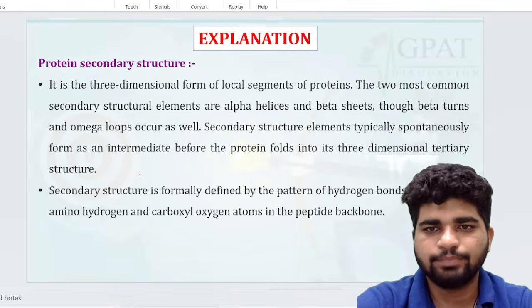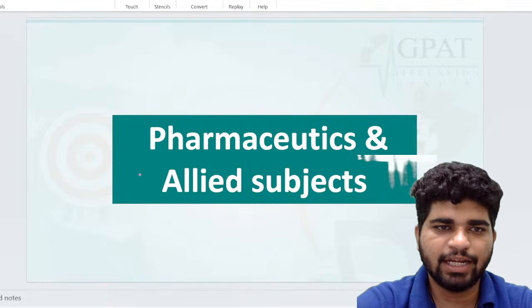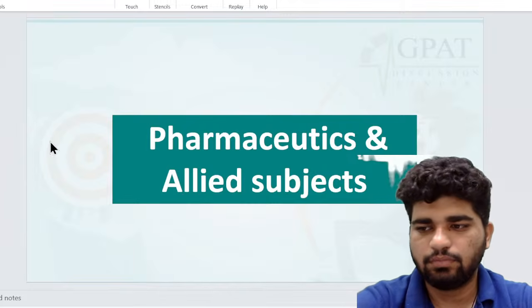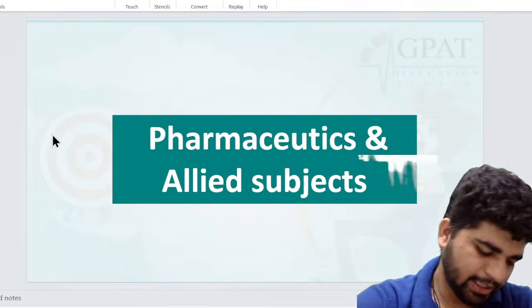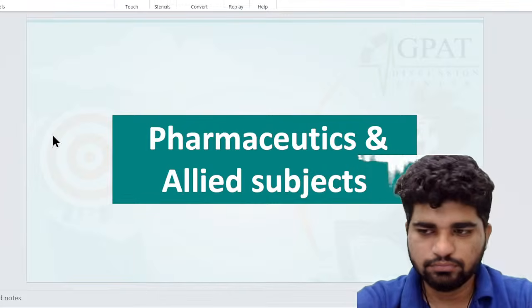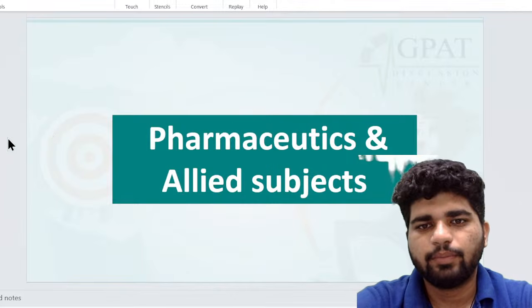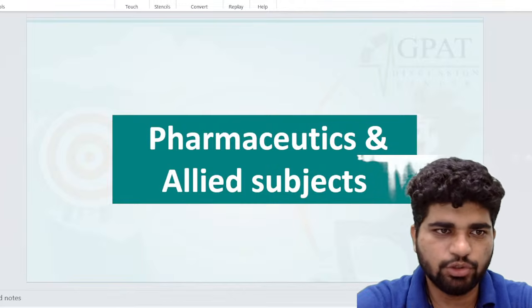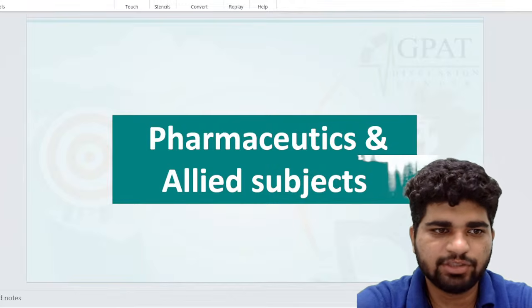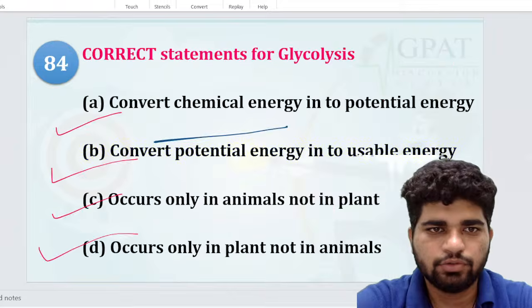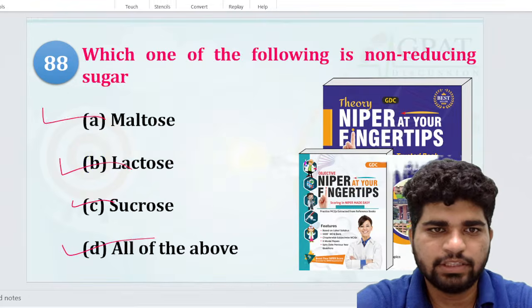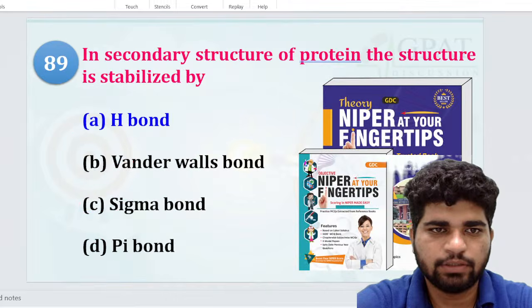Hydrogen bond, okay? Now, pharmaceutics and allied subjects. In this one, how much you got right? Fehling's, Benedict's. Pharmaceutics and allied subjects, how many questions did you get right over here? This one in biochemistry, 1, 2, 3, 4, 5, 6, 7.